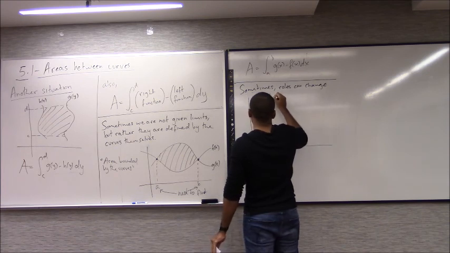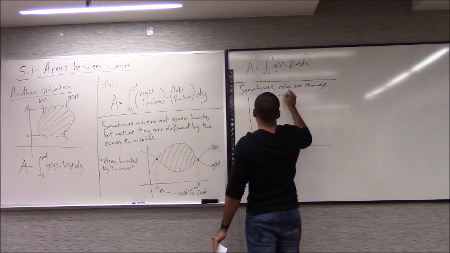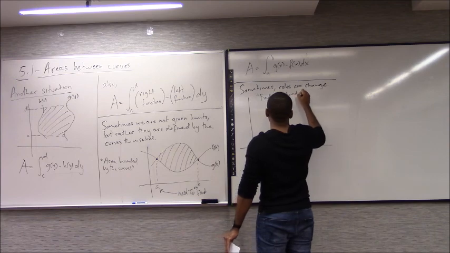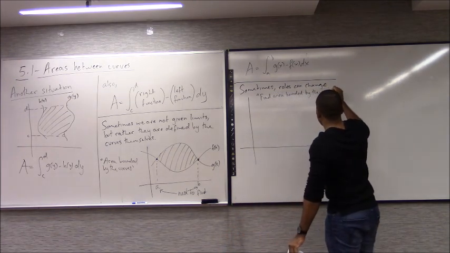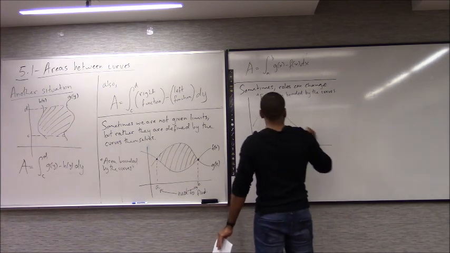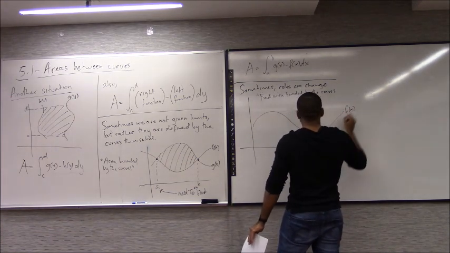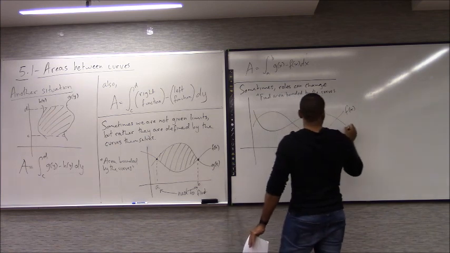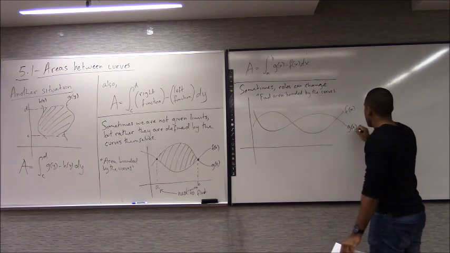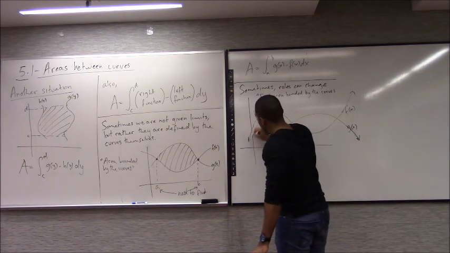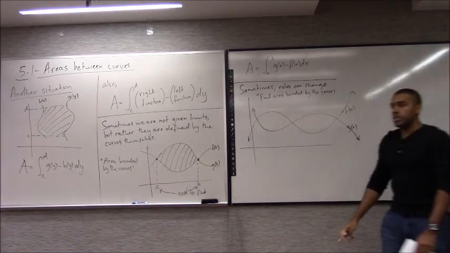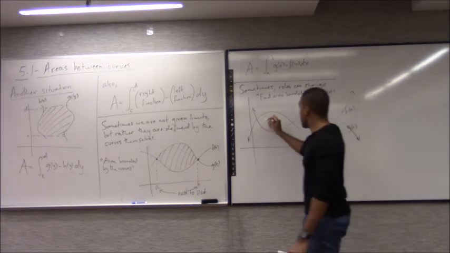They're going to say find the area bounded by the curves. Say this is one function, f of x, and this is another function, now g of x. And this keeps going down, that keeps going up. This keeps going down, that keeps going up. How do you find that area? So this here.